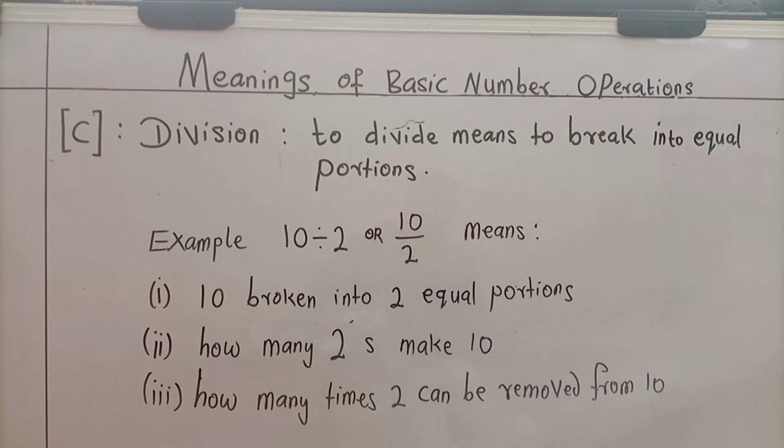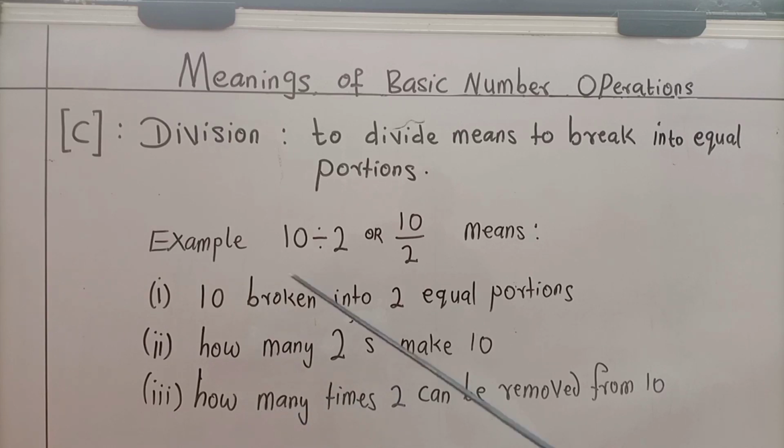In later operations, you'll be concerned with giving answers by means of interpretation. We are simply interpreting this expression. So far, we have taken 2 meanings of this expression. Again, the first one is 10 broken into two equal portions. And second one is how many 2's that make 10.